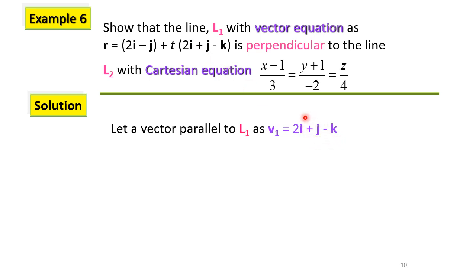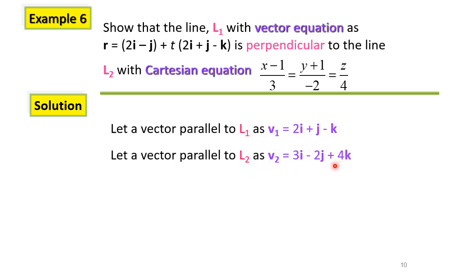And from L2, Cartesian, remember the previous example, if x, y, and z are positive, we take the V component below here, that is negative 3, minus 2, plus 4. So this will be our V2, and let's say V1 for L1.